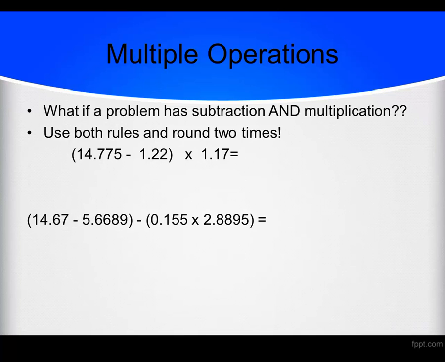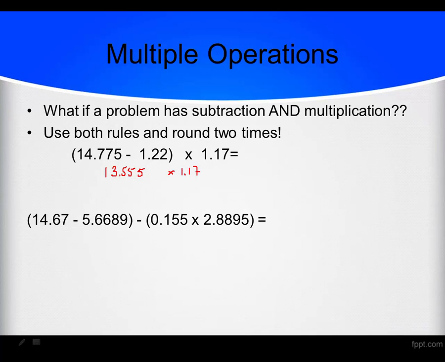So for instance, with this first problem here, 14.775 minus 1.22, I should have been able to do that in my head. This gives me 13.555 times 1.17.